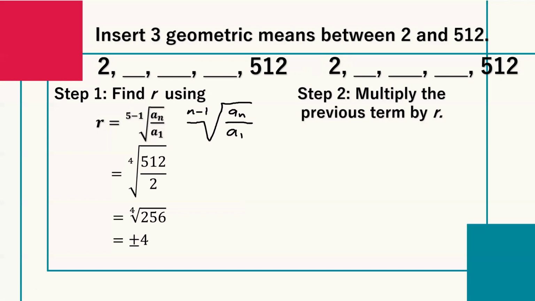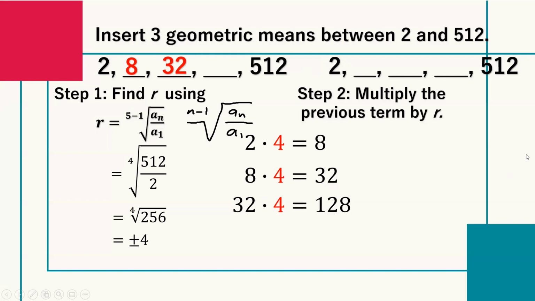Okay, so first let's use the common ratio positive 4. Multiply it by the first term 2. 2 times 4, that is equal to 8. 8 times 4, that is equal to 32. 32 times 4, that is equal to 128. And pag minultiply mo ulit siya sa 4, yung value niyang makukuha is 512. Okay? Now, meron na tayong first sequence.